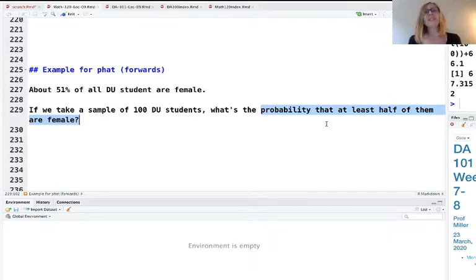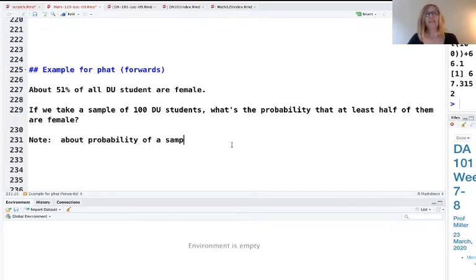So we're going to need to use our sampling distribution. Maybe let me make a note of that. Note, it's about the probability of a sample result. So we use a sampling distribution. That's what I'm thinking as a student when I work through these problems.